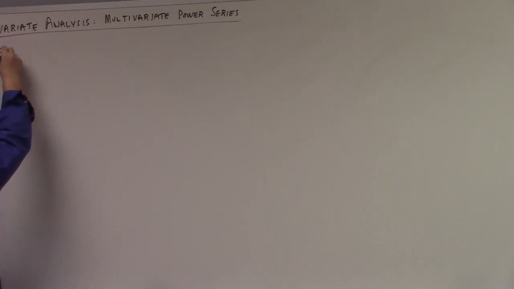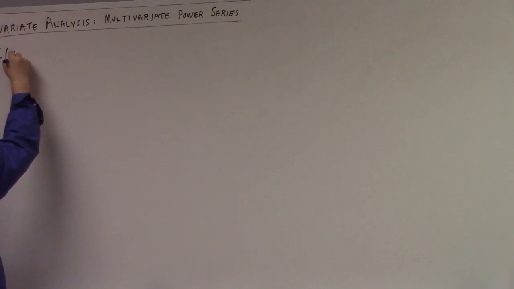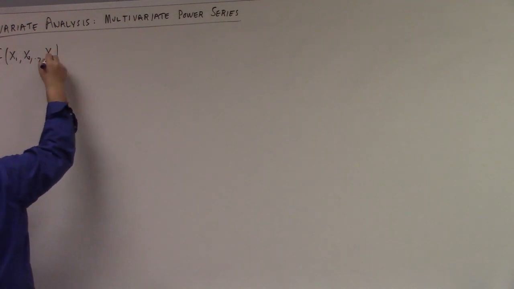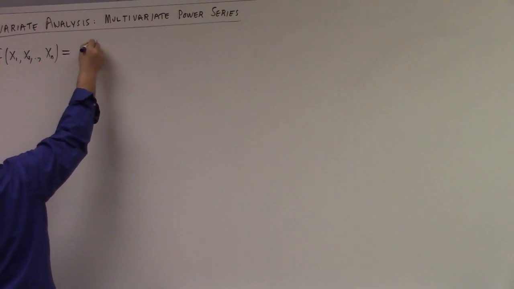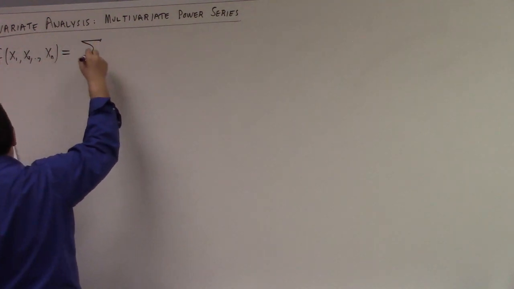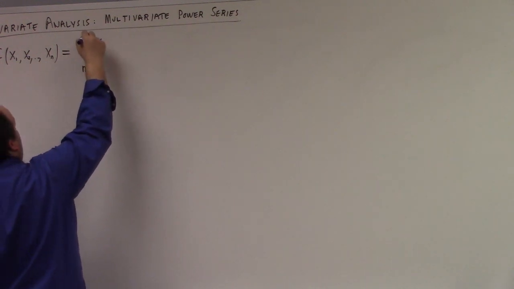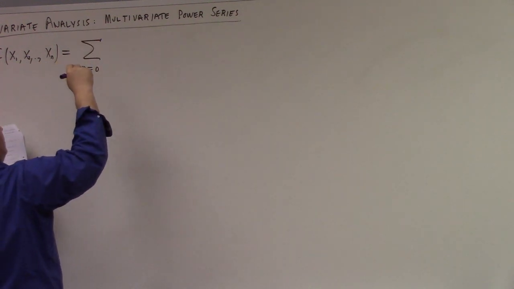I think I can get it here. So here's what it is: f of x1, x2, ... xn, all right? It's equal to the summation n equals 0 to... Oh, see, that's the unfortunate thing. Rats.